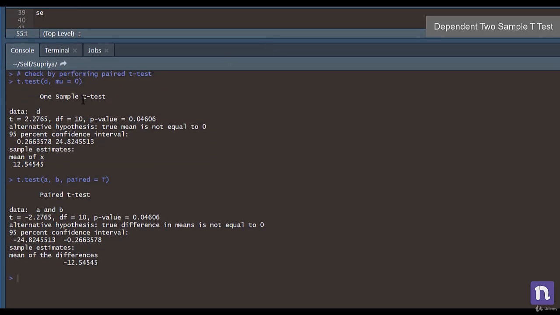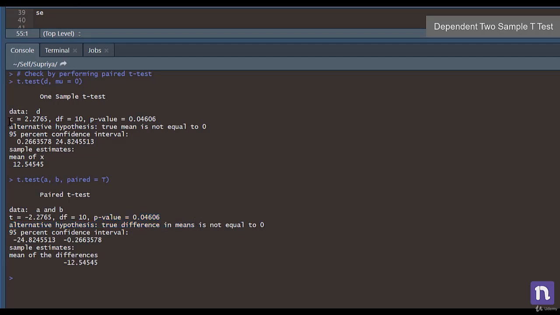You may notice that the 95% confidence interval is different because I am passing different inputs, and that is not relevant in this case. What is relevant is the t-statistic and the p-value, and both of them match.